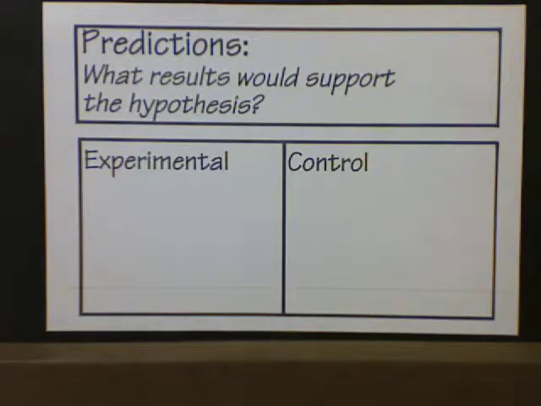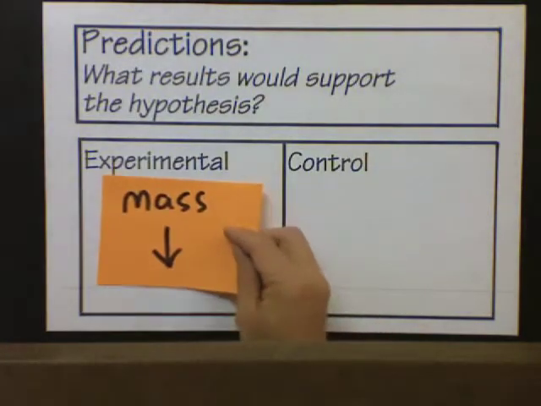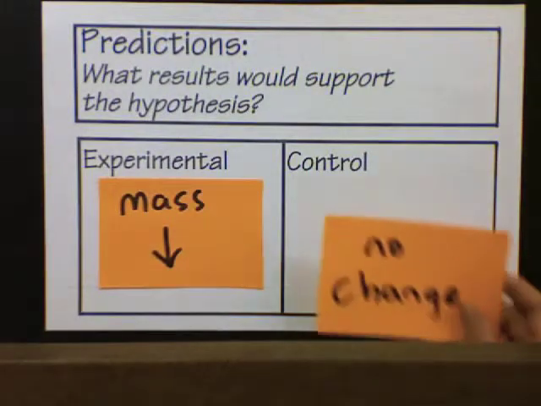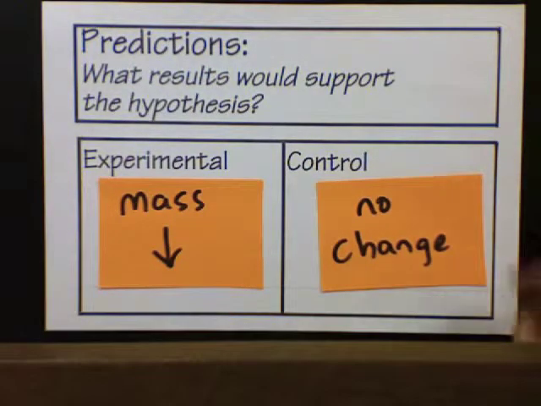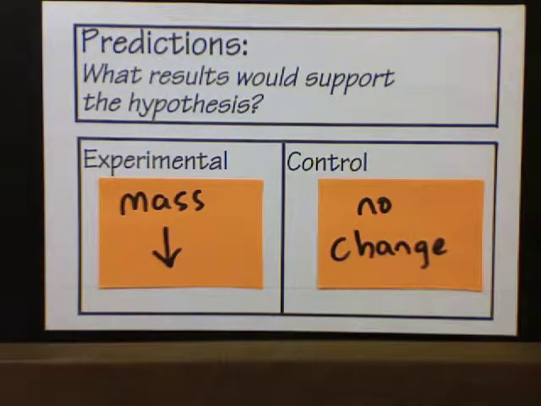You make a separate prediction for your experimental and for your control trials. We predicted what happened, that is, if something loses phlogiston as it burns, that the mass that we measured in the dependent variable would decrease because something goes away, but the control would have no change because there was nothing to lose. So this is an example of the terms that are part of the experimental design diagram.